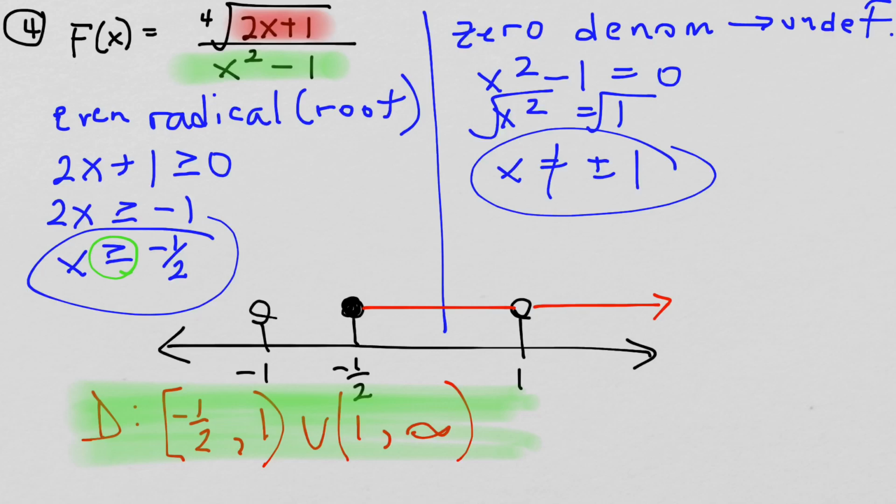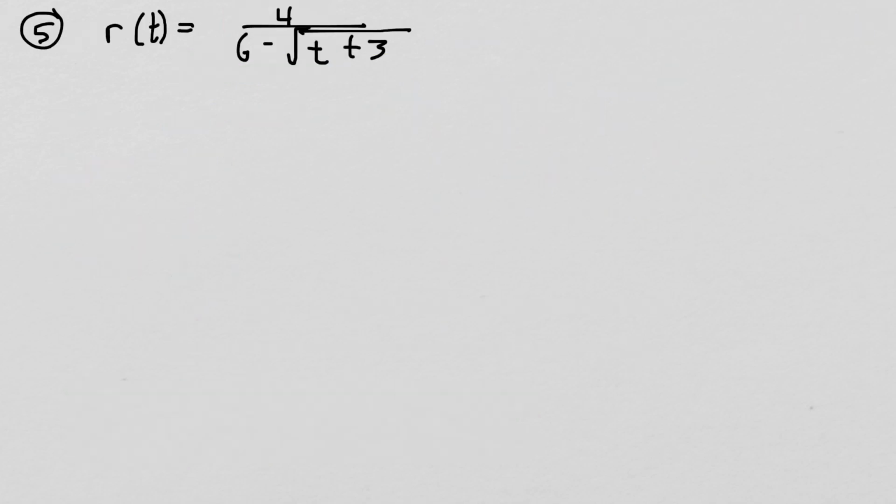All right, next one. So here, let's see what the problem area is. Okay, so we have a denominator here. So in the denominator, we could potentially have a 0. Okay, so we've got an undefined when the denominator is 0.